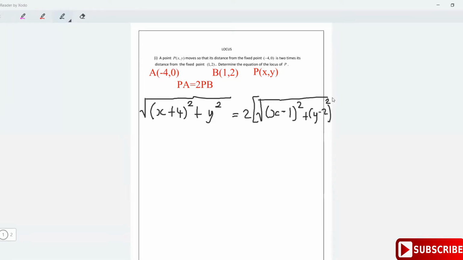Of course, we're going to expand and simplify. So we're going to square both sides.